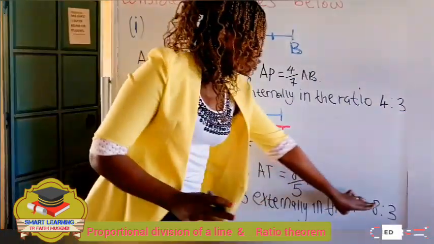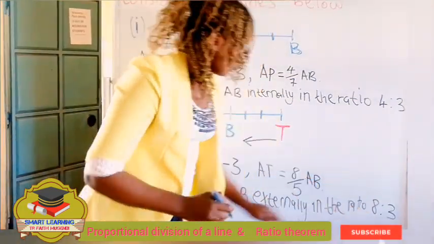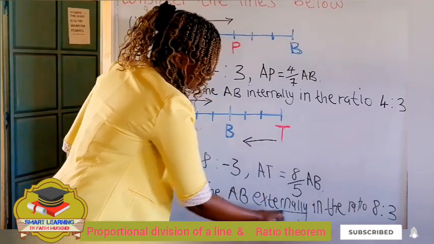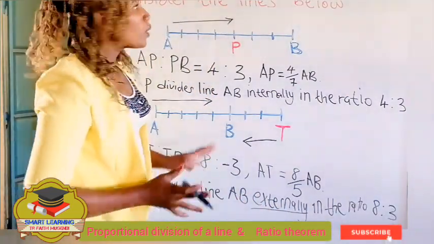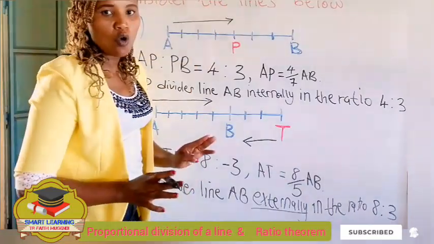This time you are not going to indicate negative, because the word external already takes care of that. Having done that, now we can embark on the ratio theorem.